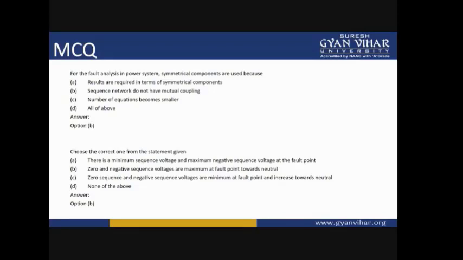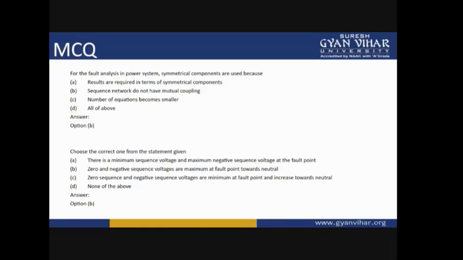And the last question, choose the correct one from the statements given. There is a minimum sequence voltage and maximum negative sequence voltages at the fault point. No, it is not right. Why? You cannot say that negative sequence voltages are always the maximum.